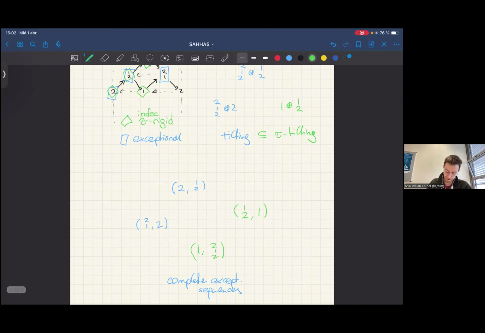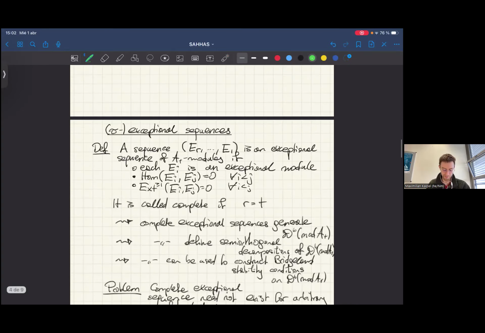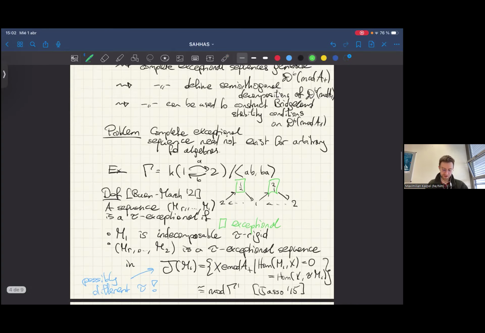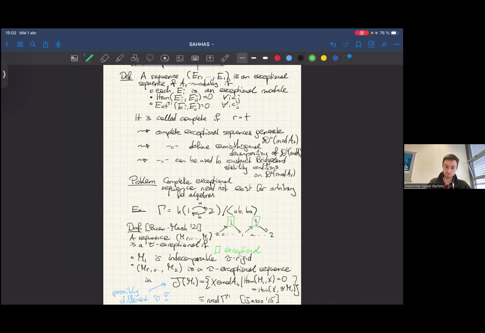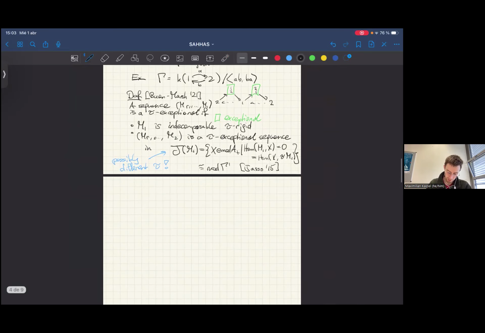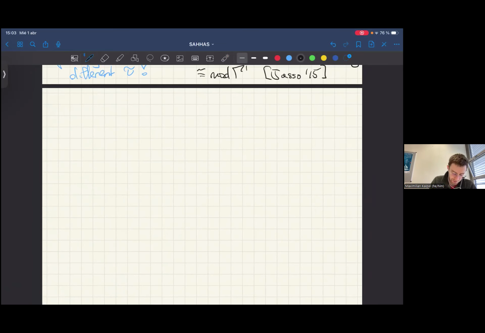So I said at the start that this is one of the main results, that this is a subset of complete tau exceptional sequences. So you can already see that these definitions are quite different. Basically, the only thing that we know about the relationship before the theorem that I wrote at the start is the following.